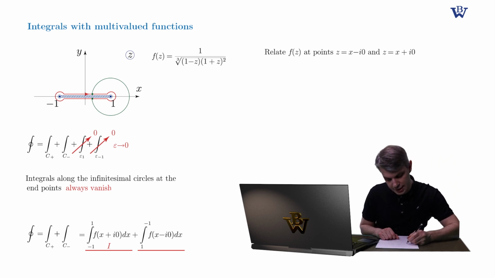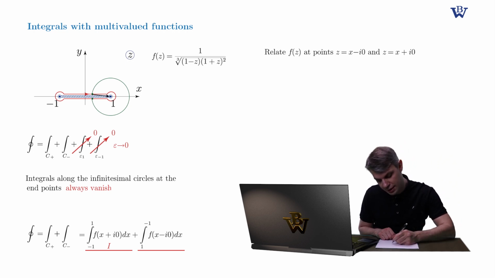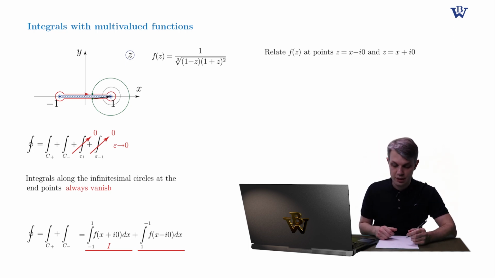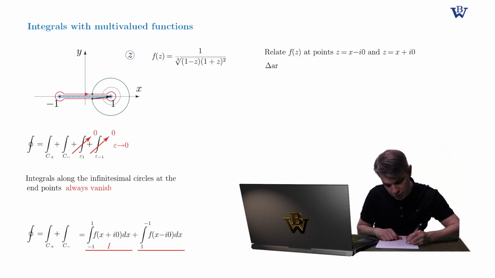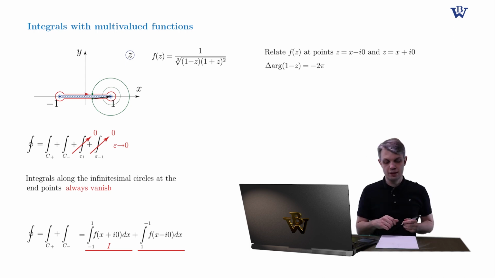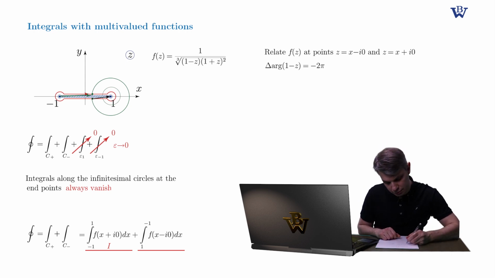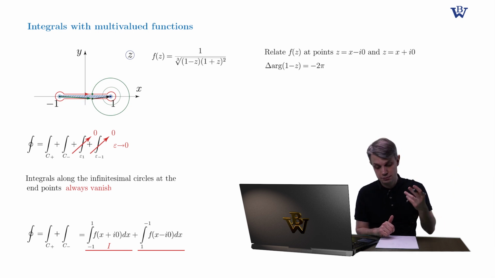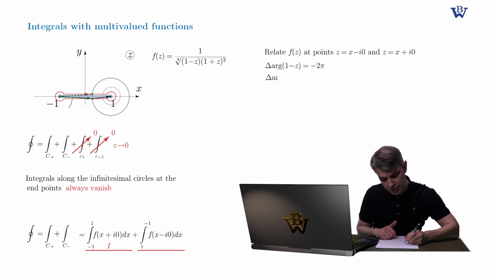So 1 minus z number is represented by the arrow, which rotates by 2 pi in a clockwise direction. So the delta argument of 1 minus z equals negative 2 pi. Now 1 plus z arrow undergoes an infinitesimal rotation, so the change of the argument is simply 0. We discard it.